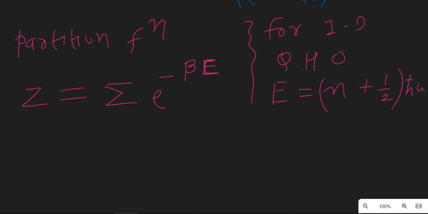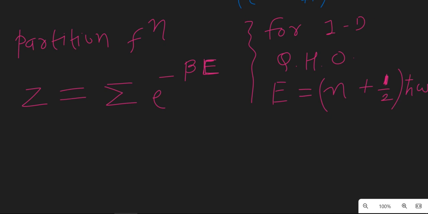If your quantum harmonic oscillator is three-dimensional, then instead of 1 there will be 3, but here we are given that our quantum harmonic oscillator is one-dimensional, so I take 1/2.